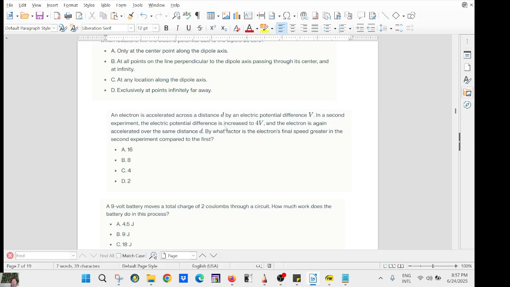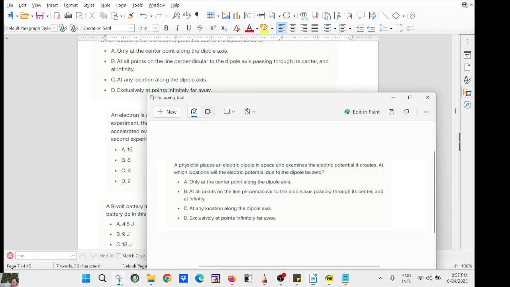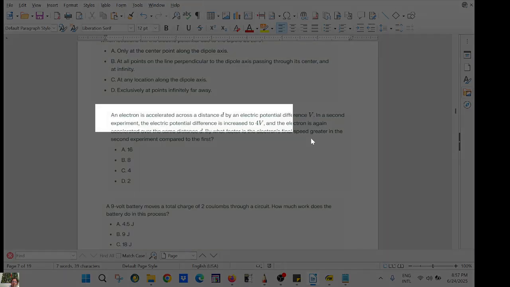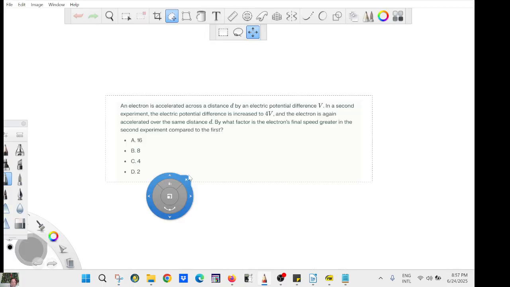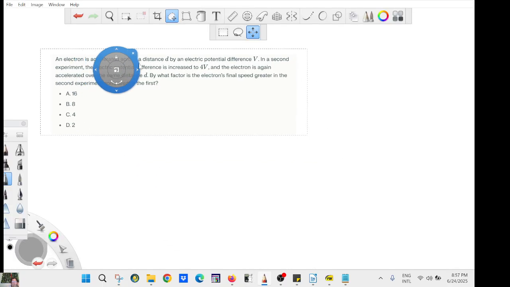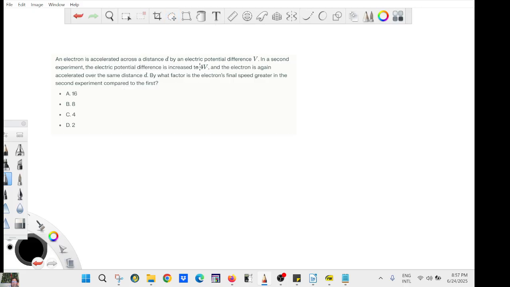Okay, so next one, you have an electron. An electric potential V, the electric potential increased to 4V. What's the final speed?